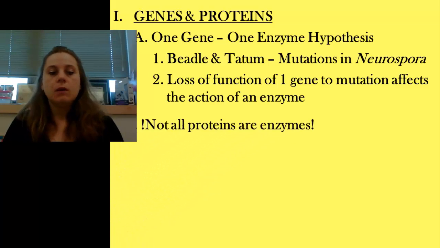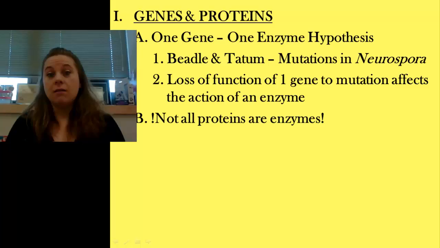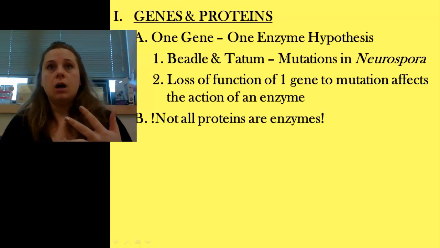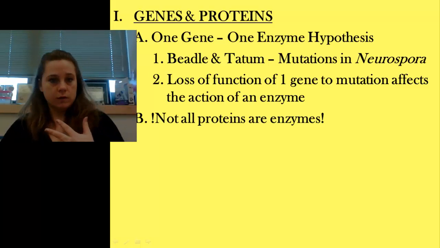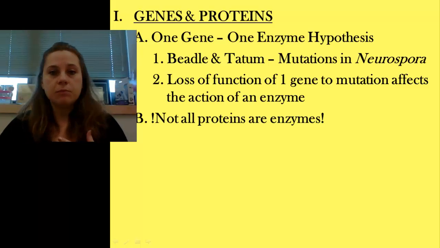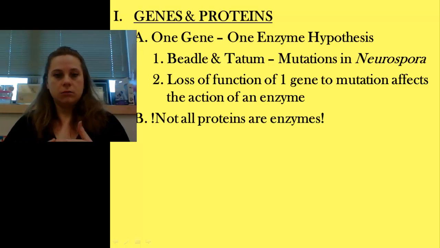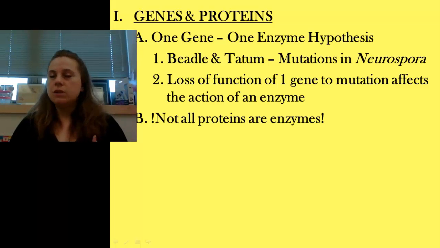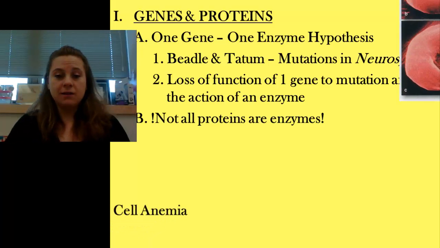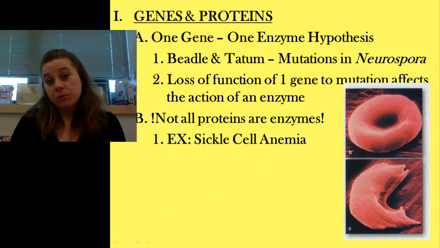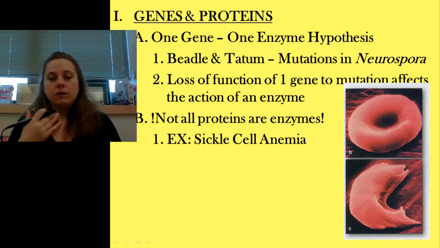Okay. But what we have to remember here is that not all proteins are enzymes. In fact, proteins play huge roles. They're hormones, they're transport, their receptors, their coats, the proteins wear many hats. So an example is sickle cell anemia, and we've talked about this before.